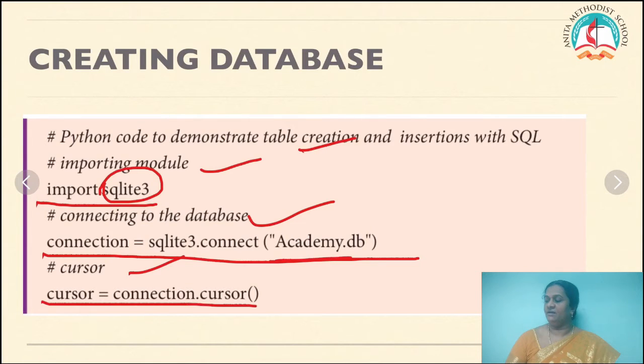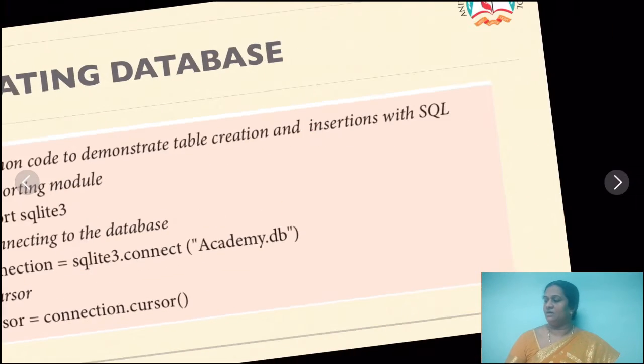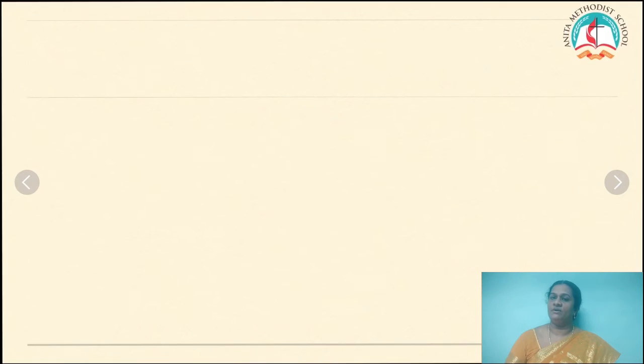And then we are using the cursor. As I told you, cursor plays a very important role here. Cursor is equal to connection.cursor. Now we are connecting the program with the cursor. This is how you have to write the syntax for creating a database.